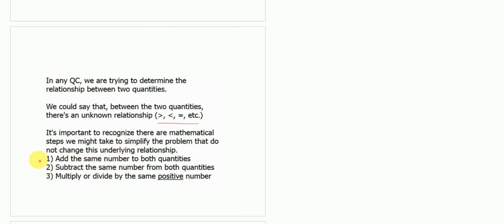Let's see. You can add the same number to both quantities. So let's say you have option A, column A and column B, and you have certain values under them. What you can do is add the same number to both quantities. So what this rule is basically saying is that there is some unknown relationship between these two values.